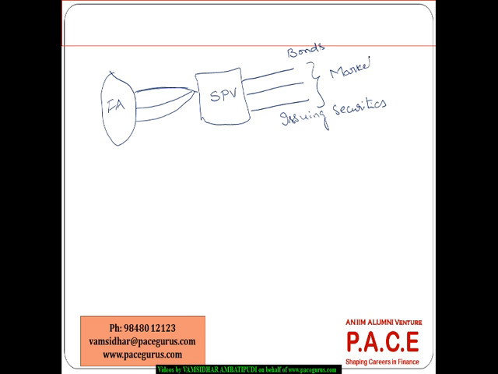In a way, the bonds issued by the SPV fetch cash for the SPV from various investors, who in turn pay that cash to this entity and purchase the financial assets of this entity. This is the overall process in securitization.